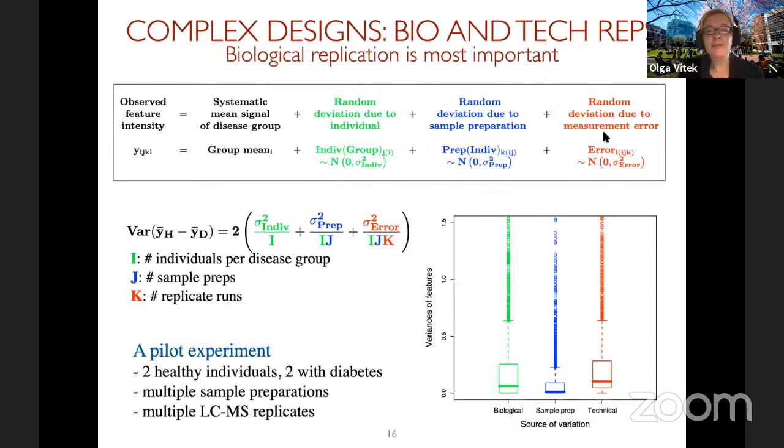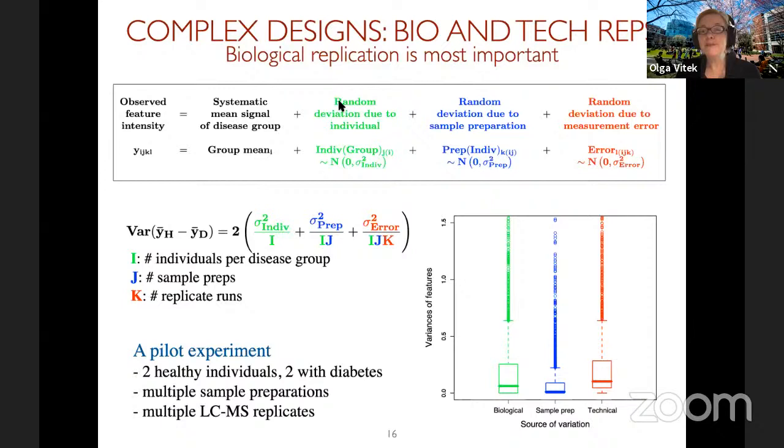So here was an old study that we had, which was looking at individuals with diabetes. There was a disease group, healthy versus disease. There were multiple replicates, so there were two replicates per group. So the overall intensity is affected not only by the mean of the group, but also by which individual the observation came from.